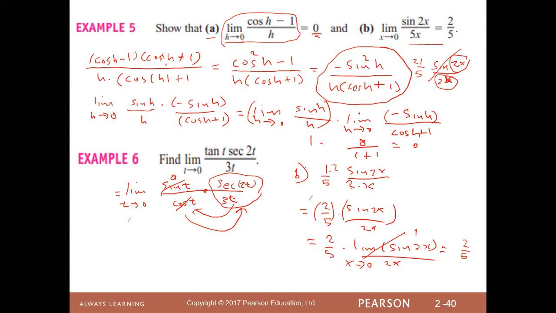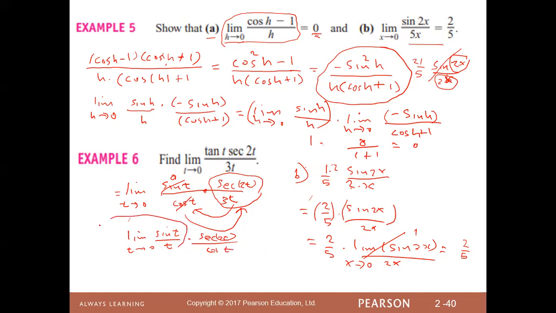So if we move the t under the sine, we will have sine t divided by t, right? And we want the limit as t goes to 0. And this will be multiplied by sec of 2t divided by cosine t, right?